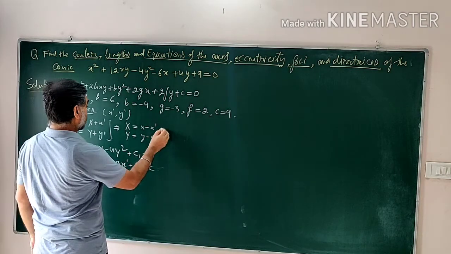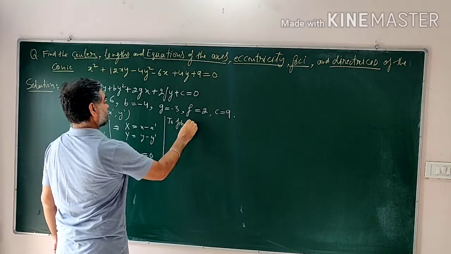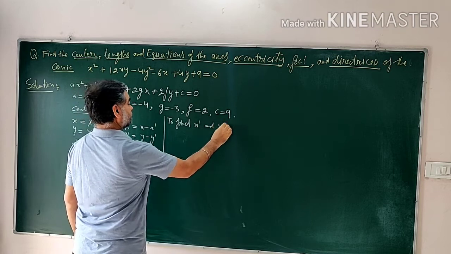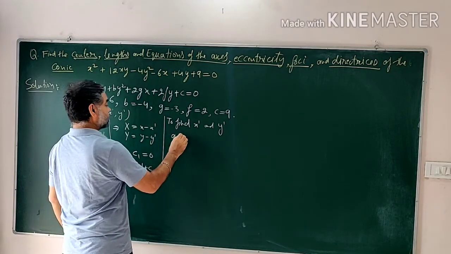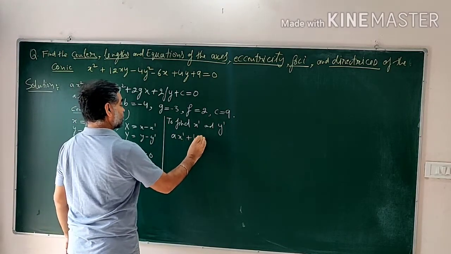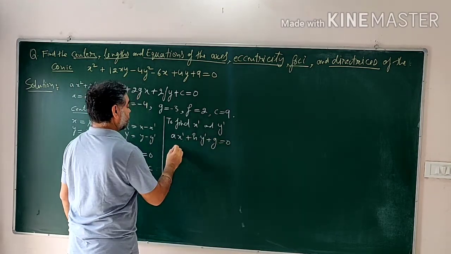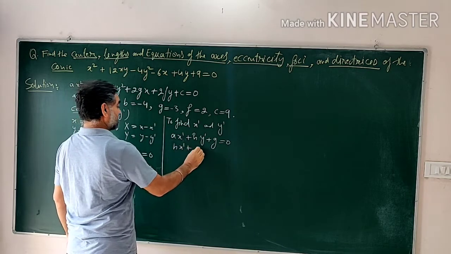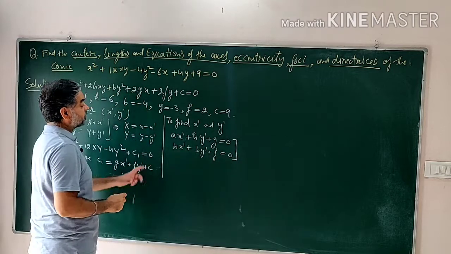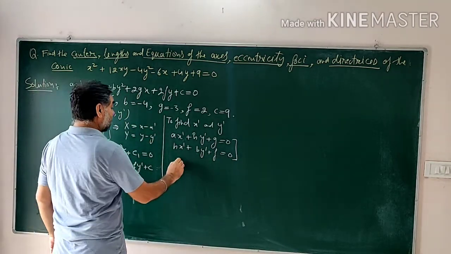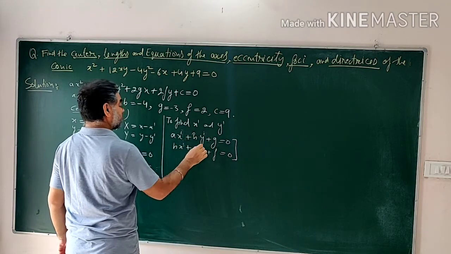So to find x dash and y dash, what we do, we solve two equations, ax plus hy plus g equal to 0 and hx plus by plus f. So these equations: a is equal to 1, so you keep x dash, y dash.